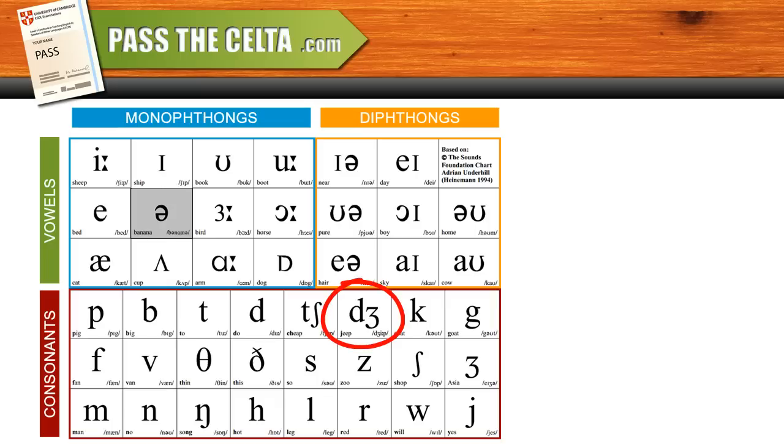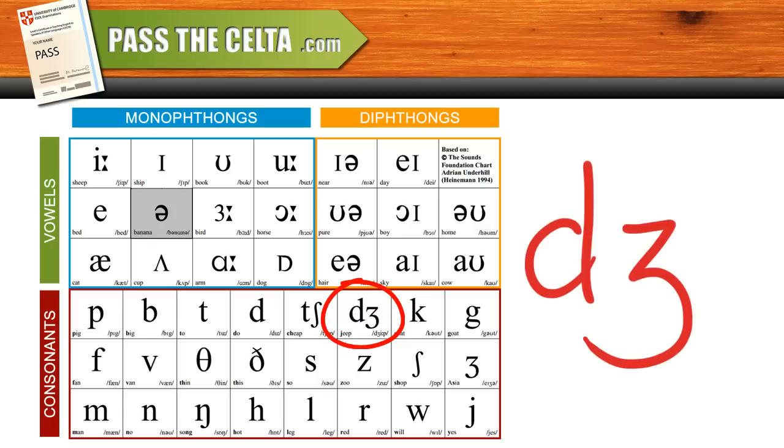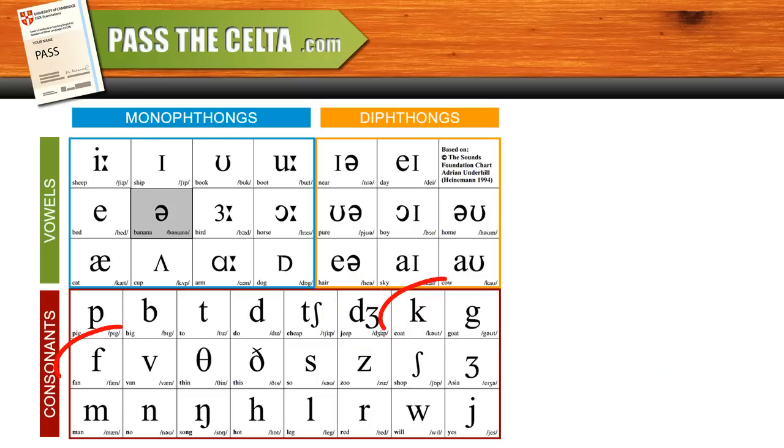And j is represented by a Latin D, and then what looks to be a 3 that's lowered. K, g, f and v you'll be familiar with because they use the Latin letters K, G, F and V.